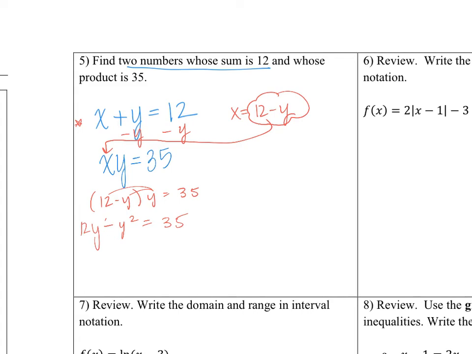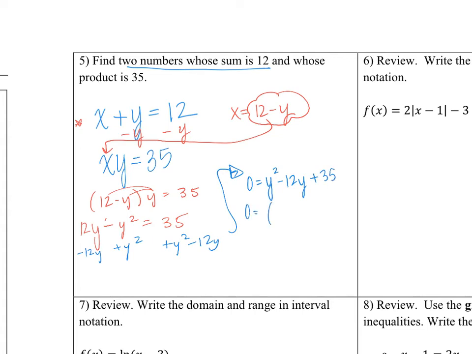Now I like my y's to be positive, so I'm going to move all this over to the other side to make it equal to 0. So I'm going to have 0 equals y squared minus 12y plus 35.